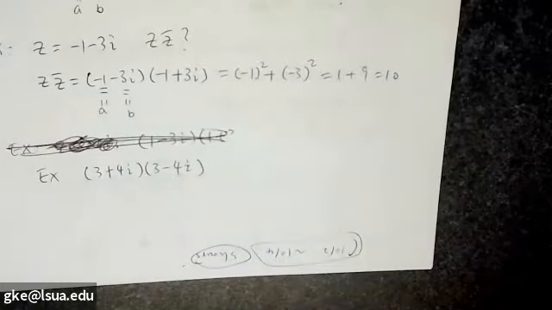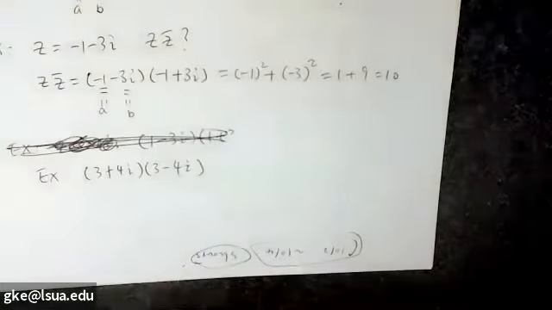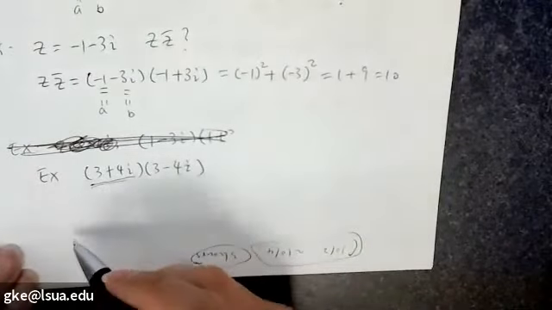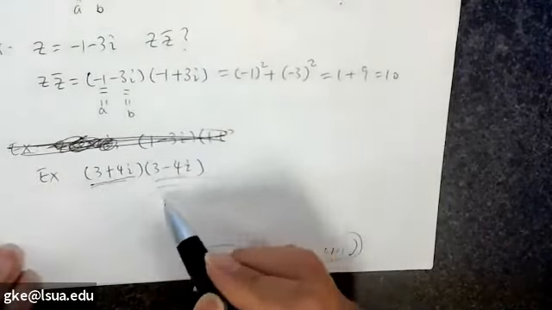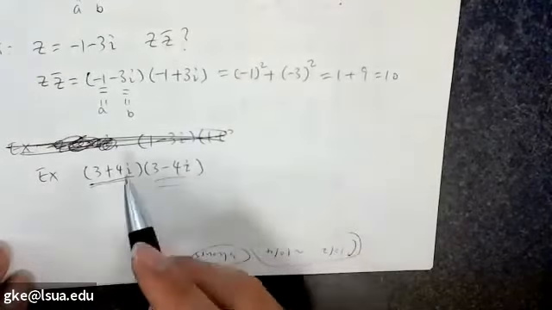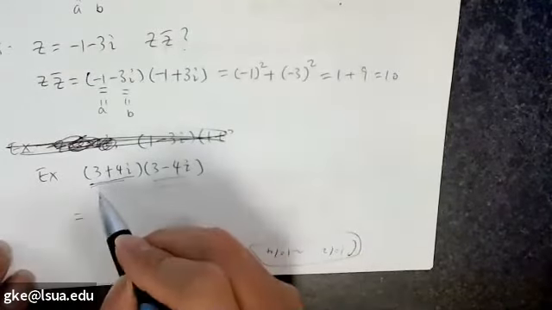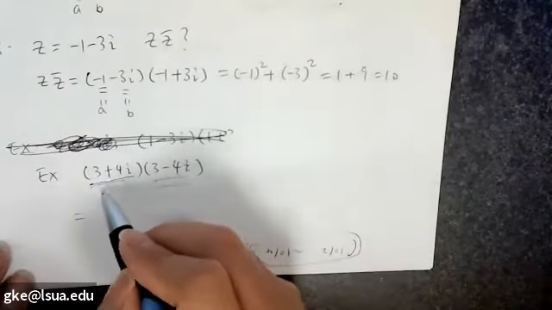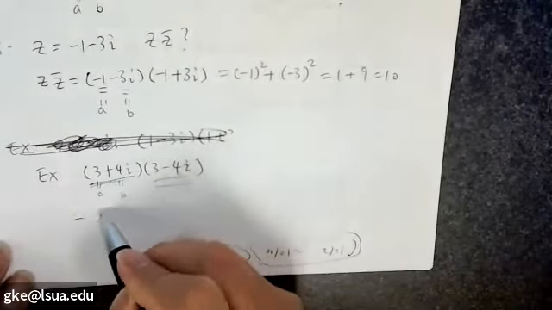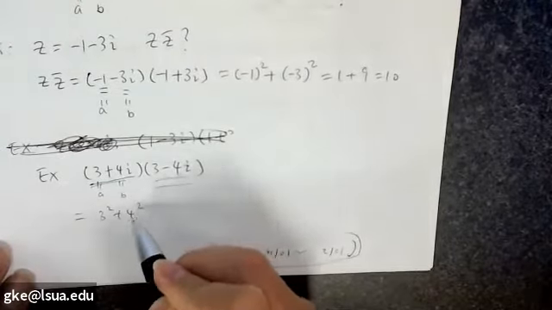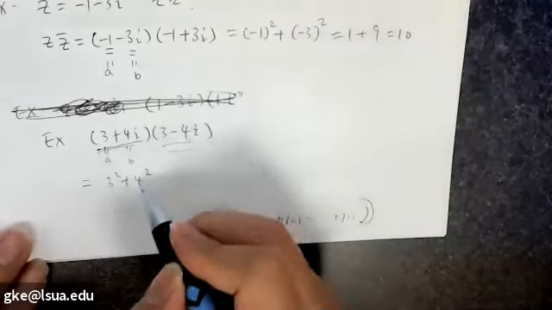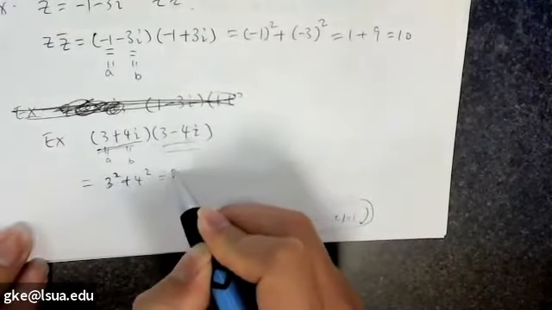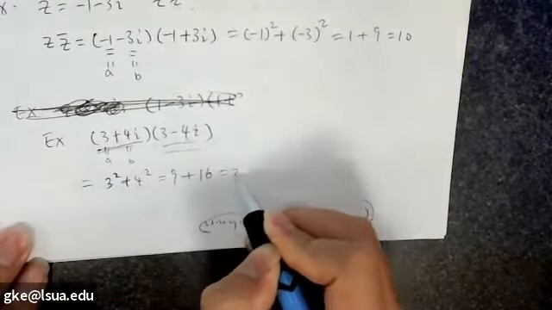Okay, I'm gonna show you the answer on board. So we know assume this guy is a Z, and this guy is a Z bar, right? That's the conjugate. So basically what you're gonna do is find the real part. A is 3, B is 4. So 3 square plus 4 square. Right? 9 plus 16 equals 25.